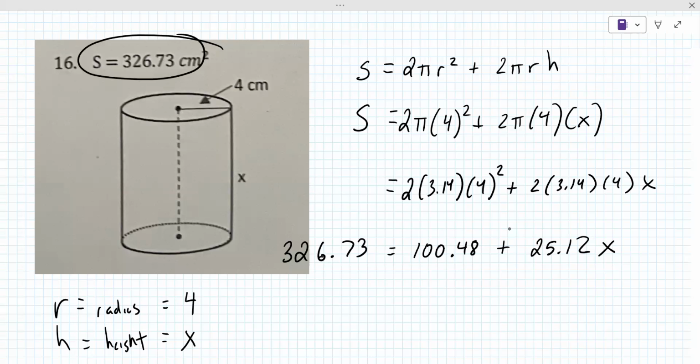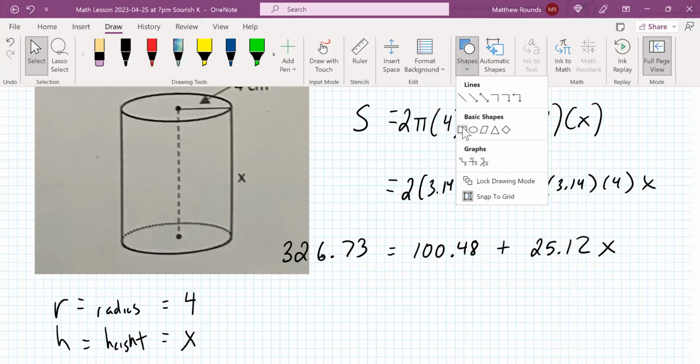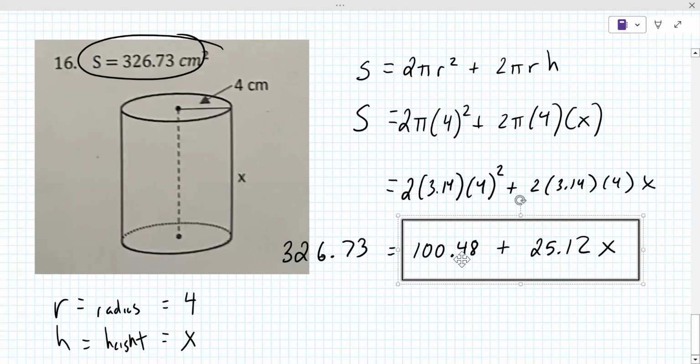All right, let's look at the right side of the equation here. Which do we undo first? Addition of 100.48 or multiplication by 25.12? Which do we undo first? Addition and subtraction or multiplication and division?